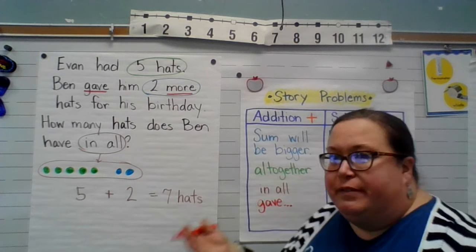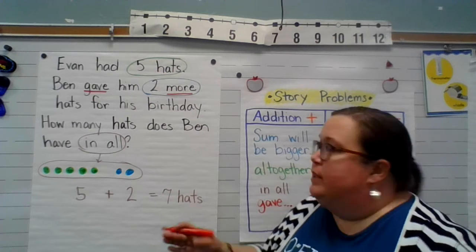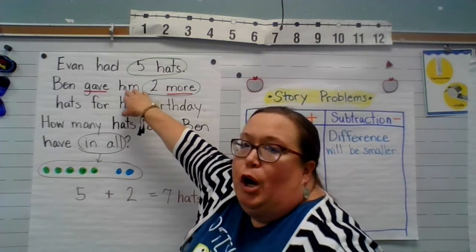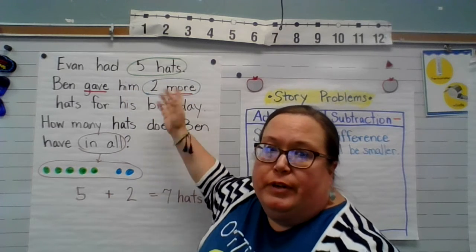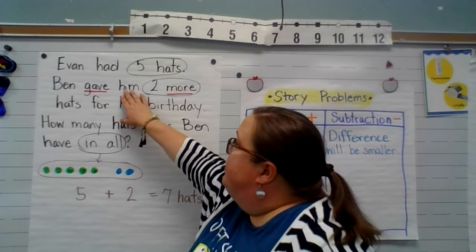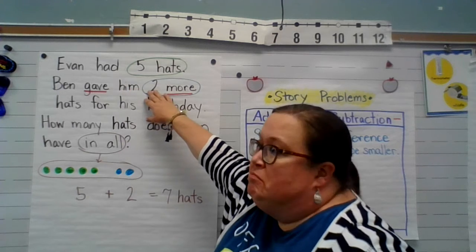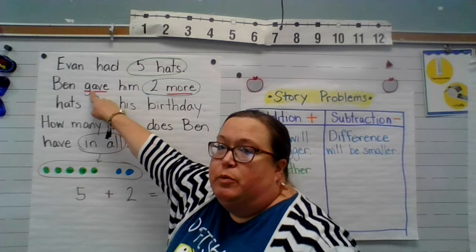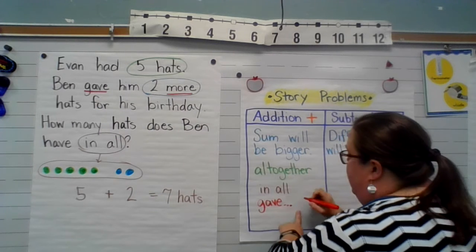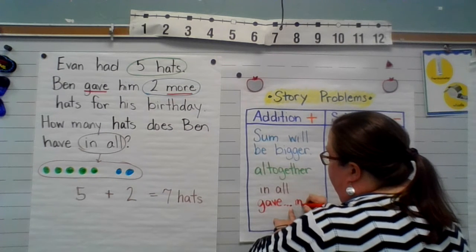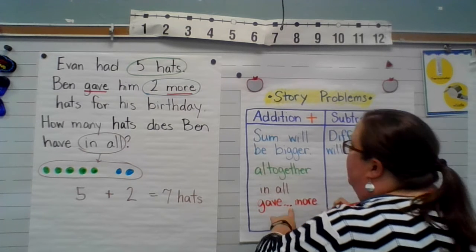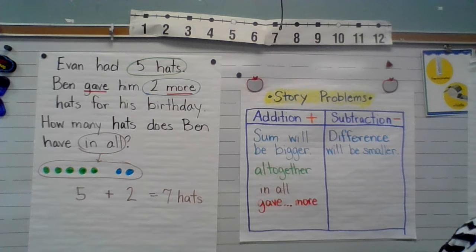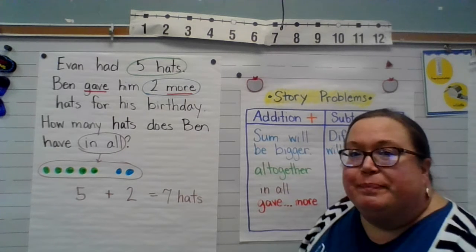Because in a different story problem, it could say gave her 3 more, for example, or gave her 5 more, whatever. This part may change, but when you see the words gave and more, that's also a clue that you're going to be adding. Okay? We didn't talk about that, but those are important words.